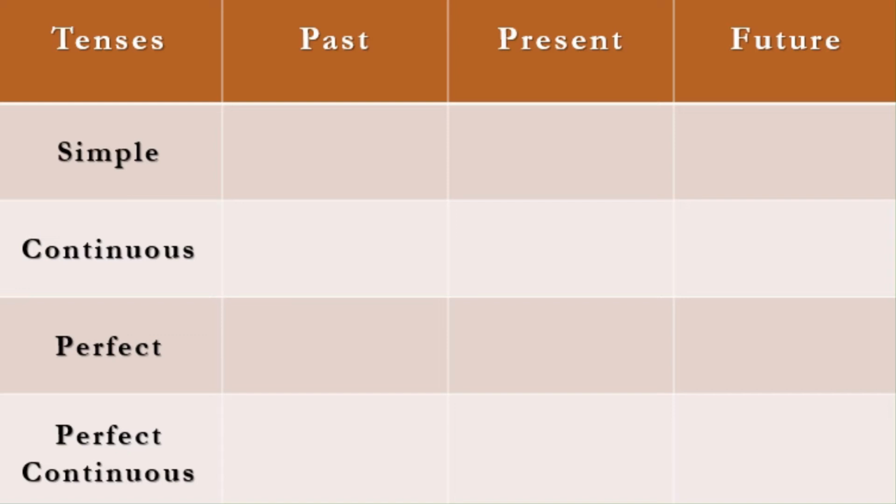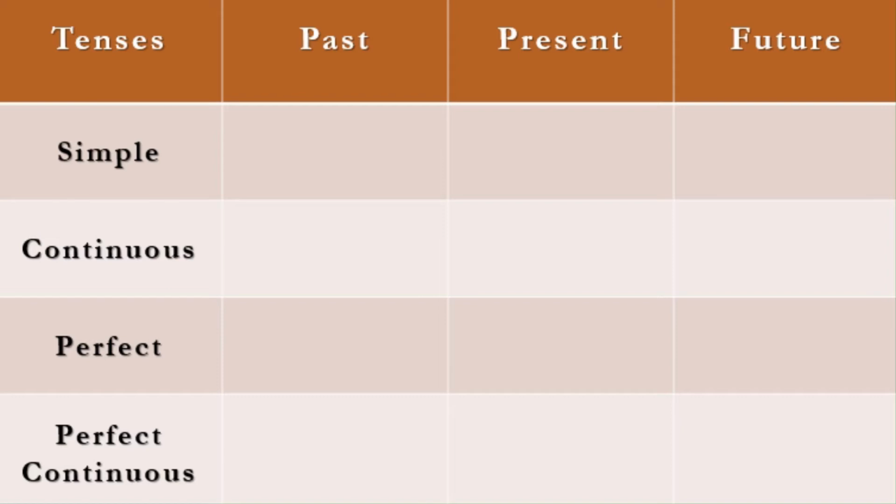But I would suggest doing it horizontally, row wise, because that is a bit easier. Most of the simple tenses, past simple, present simple and future simple, are very similar, so it won't be very difficult for you to make it horizontally and do it row wise.